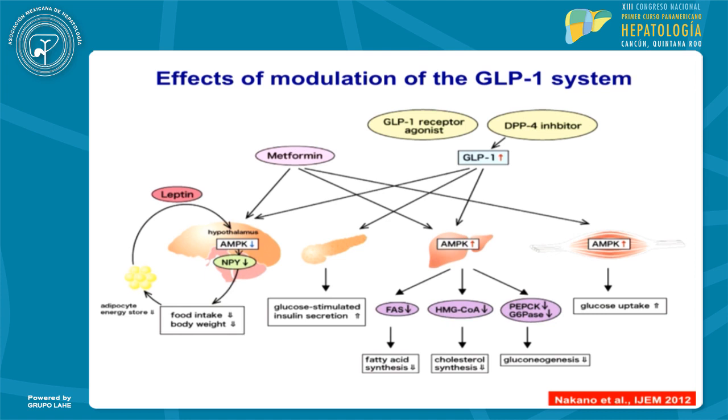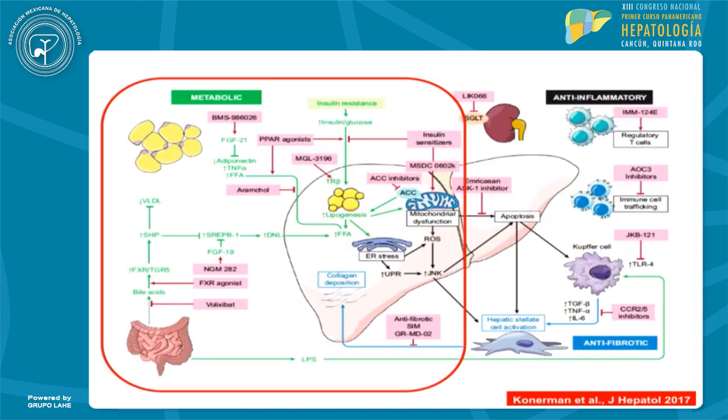These factors also work very well inducing body weight reduction, and they have been approved or are going to be approved for the treatment of obesity, and especially the new generation like semaglutide is very promising also for the treatment of NASH.